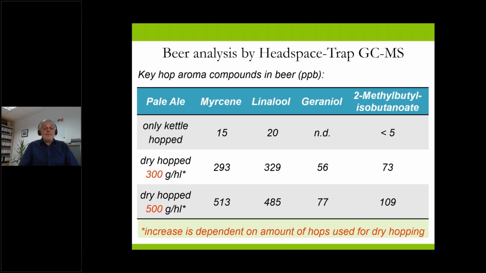The message is that the increase of these key aroma compounds depends on the amount of hops and the type of hops, of course, used for dry hopping. The more hops are added by dry hopping, the more of these key aroma compounds are present. Bravo is a hop variety containing geraniol, and therefore you see this increase in geraniol as well.